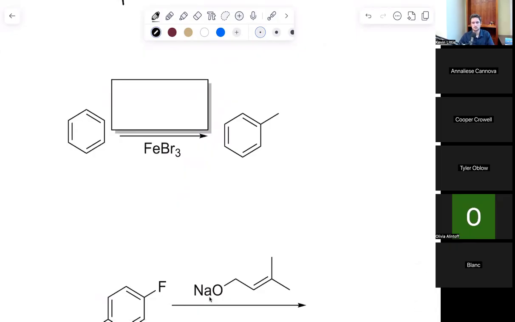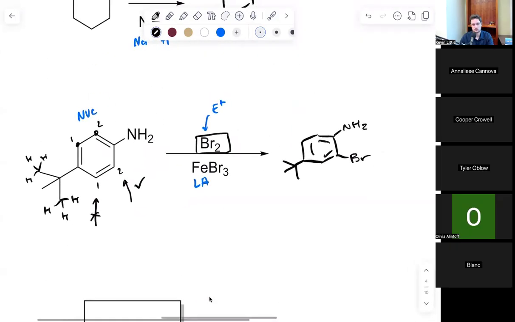What tells us that the amine isn't part of the reaction at all? Just the fact that there's FeBr3 there? Yeah, that's a context clue. So you're saying, why is this not just do that? That's not out of the realm of possibility, but it's more the context. If I give you a Lewis acid, it's the bromine.